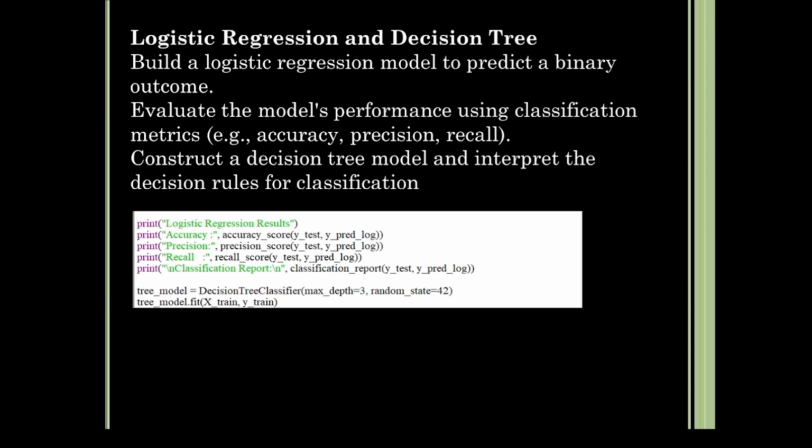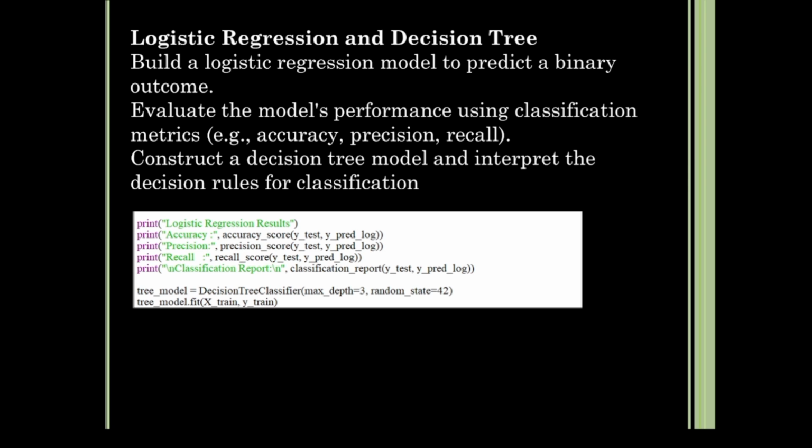Next we have print recall, recall_score(y_test, y_predict_log). Recall is, out of the actual positive cases, how many did the model correctly detect. Next is print \n classification report \n, classification_report(y_test, y_predict_log). This prints the detailed table, that is precision, recall, F1 score and support.